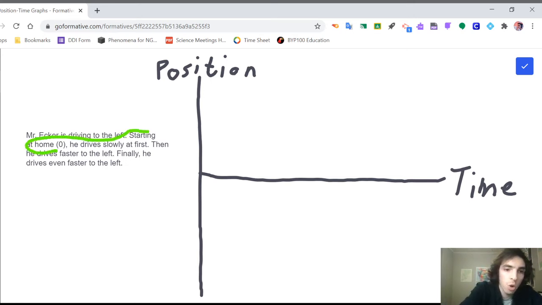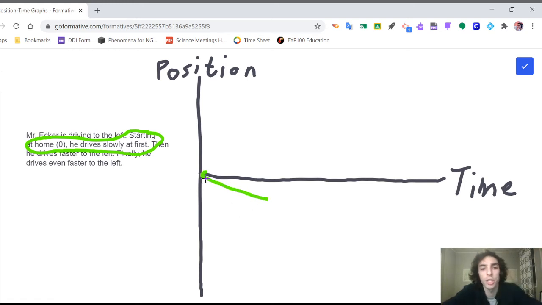Now I'm starting at home. I drive slowly to the left at first, because now we're told that I'm driving left. If I'm driving left, left is negative on a coordinate plane. So for our positions, that's towards the negative direction, or towards our negative y values. So if I drive slowly at first, I'm going to draw a very shallow slope at first, heading in the negative direction.